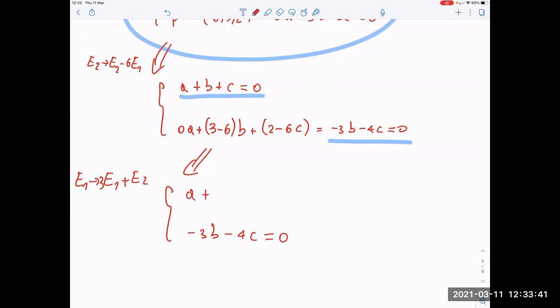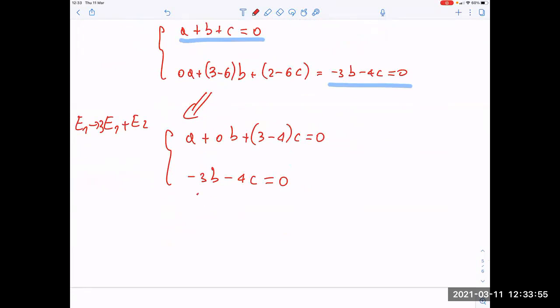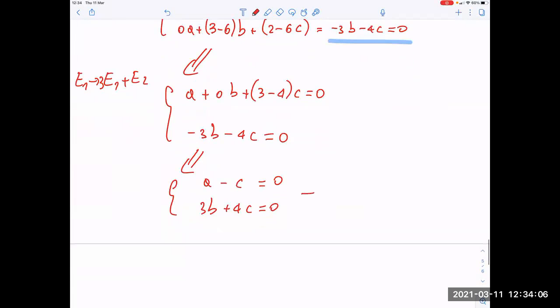So we get A, and then I get 3B minus 3B, 0 times B. And then I get 3C minus 4C equals 0. And so the system we have now to solve is 3B plus 4C equals 0, and the first equation is A minus C equals 0. In other terms, the system is already solved. It is A equals C and B equals minus 4 over 3 C. And so I find my solutions in this way.